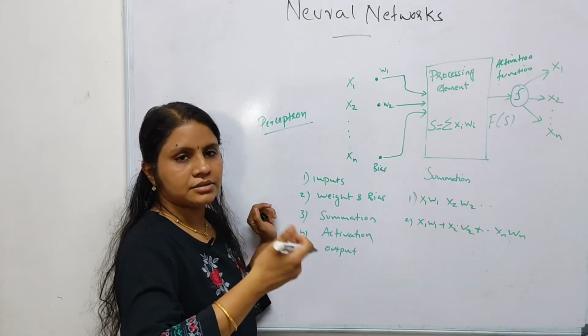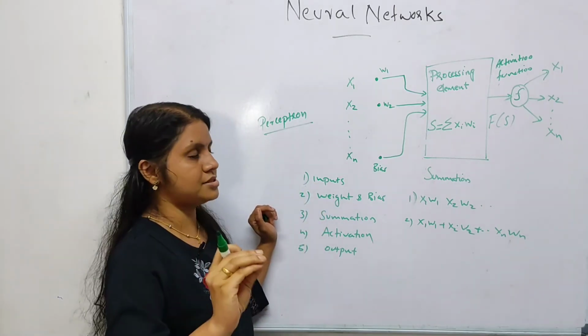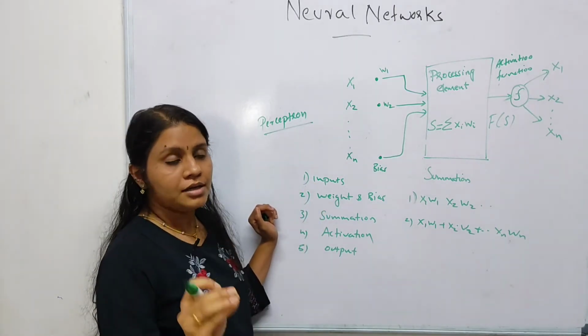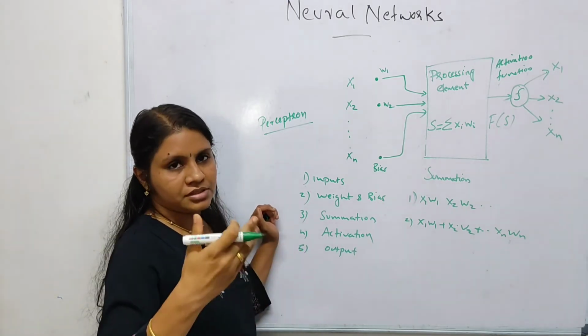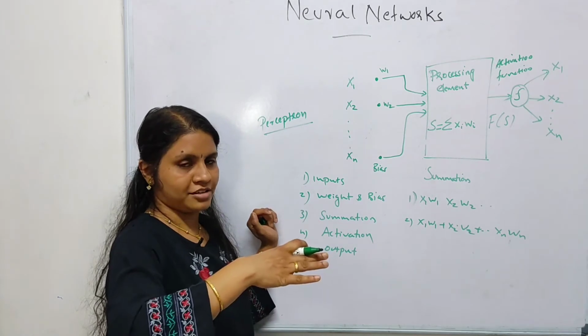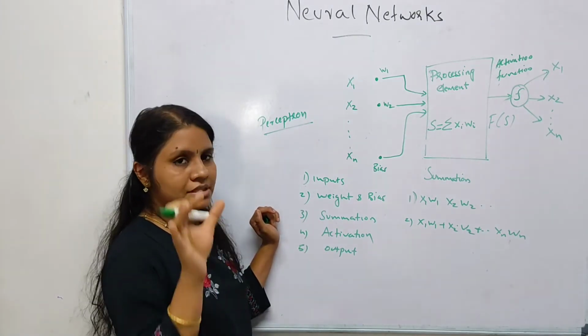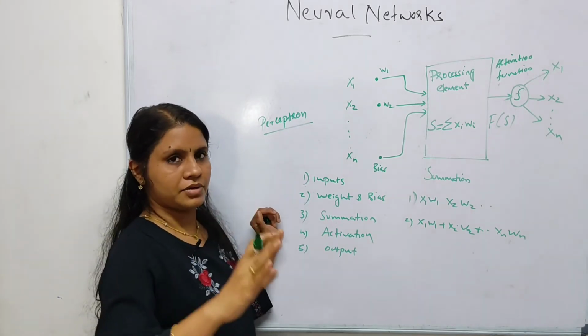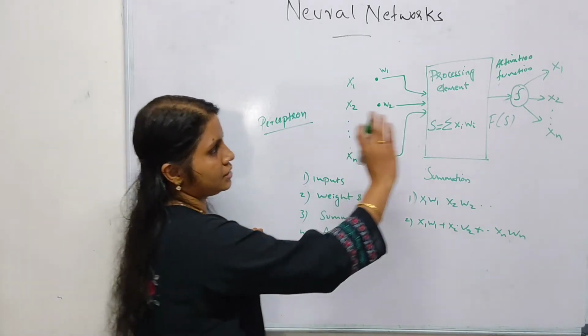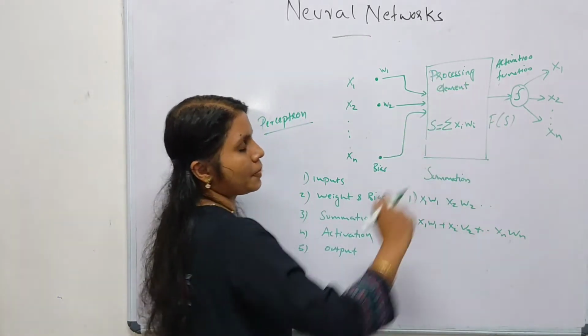The activation function uses a mathematical formula to determine whether the neuron should be activated or deactivated. It maps the input to the output, and finally we get the output.